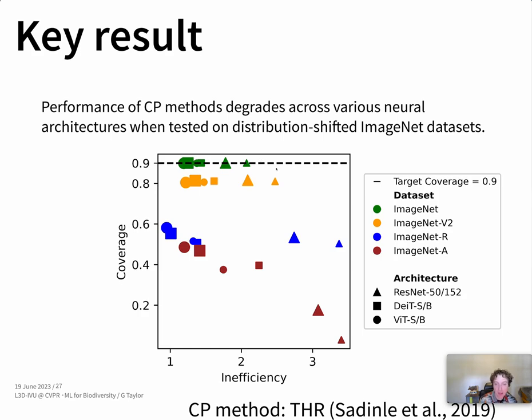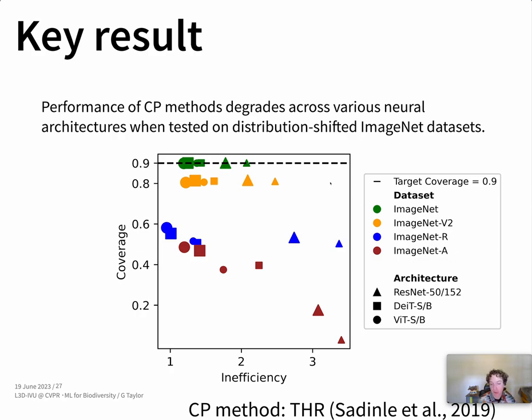But as soon as we make even a tiny distribution shift, we're no longer able to maintain this coverage guarantee. So this is basically, again, we've set the coverage and calibrated based on the regular ImageNet test set, but when we flip to a different test set and measure it, we lose our coverage guarantees. This is even more severe when we try adversarial or rendered images.